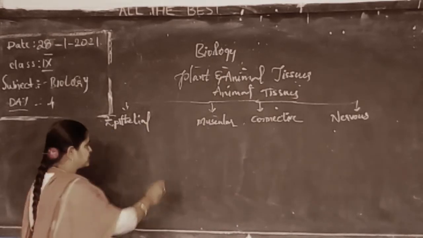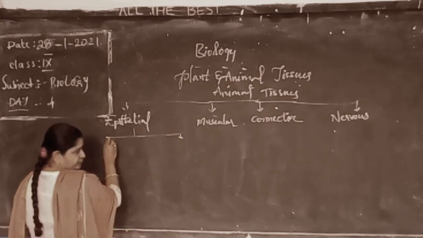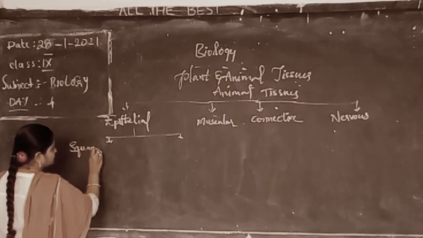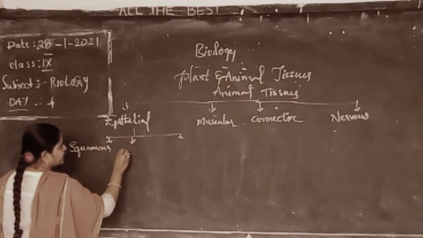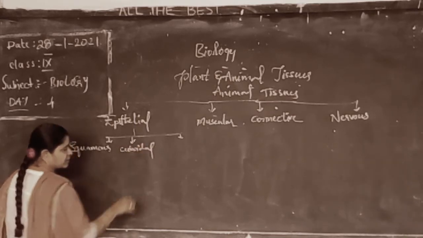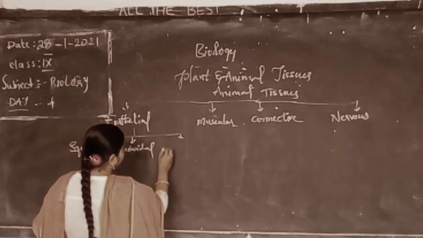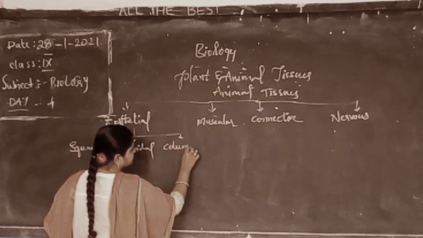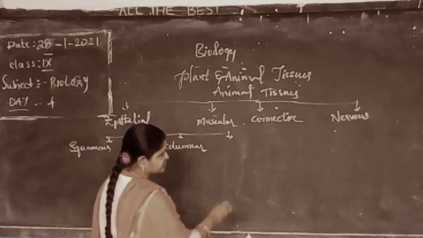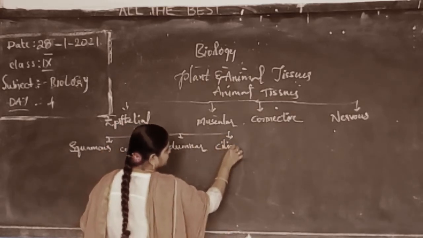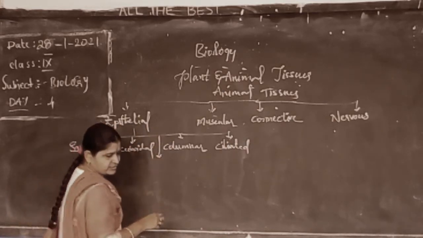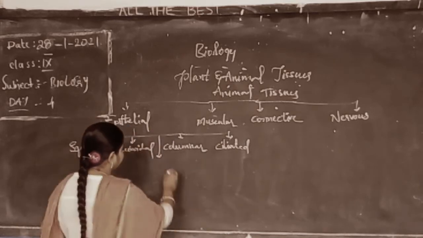Again, this epithelial tissue is divided into, you see, squamous epithelial tissue, cuboidal epithelial tissue, and columnar epithelial tissue, and then ciliated epithelial tissue, and then the next one is glandular epithelial tissue.